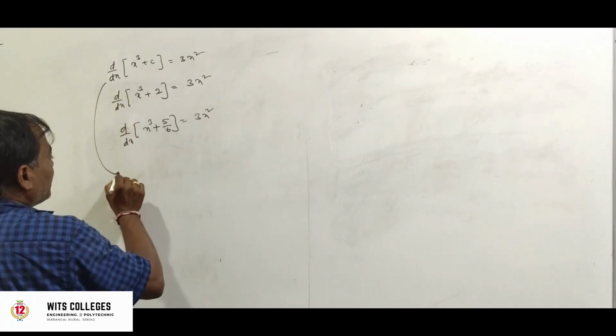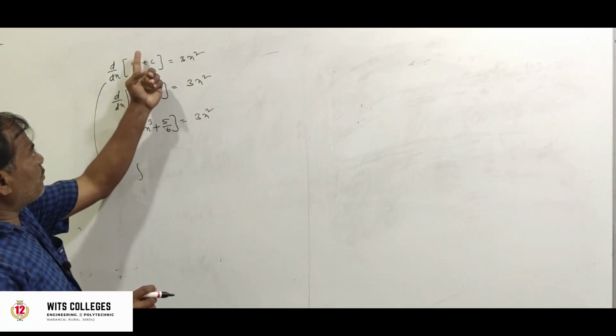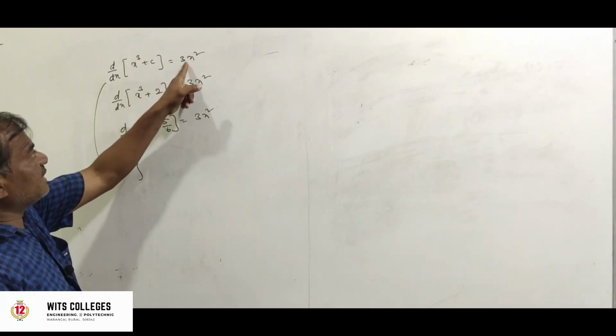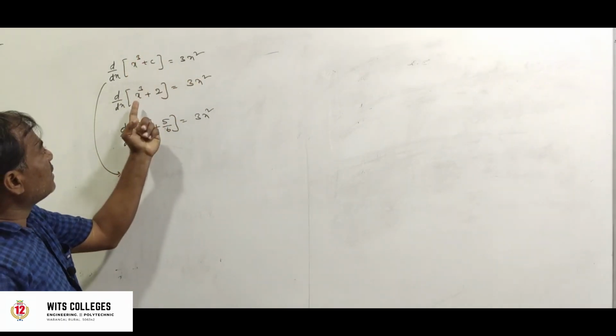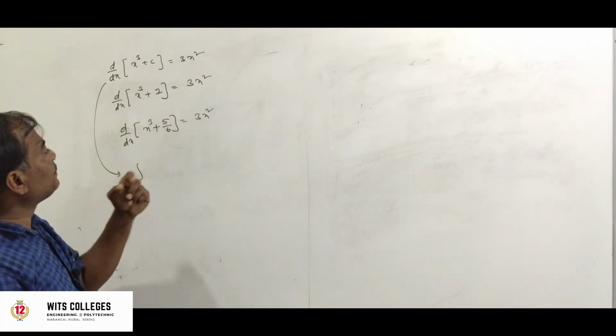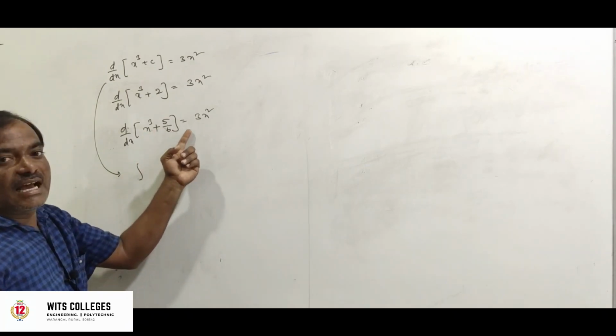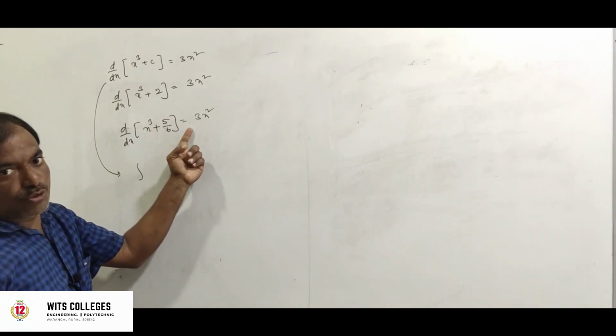Therefore x cube plus c is an antiderivative of 3x square, x cube plus 2 is an antiderivative of 3x square, and x cube plus 5 by 6 is an antiderivative of 3x square.